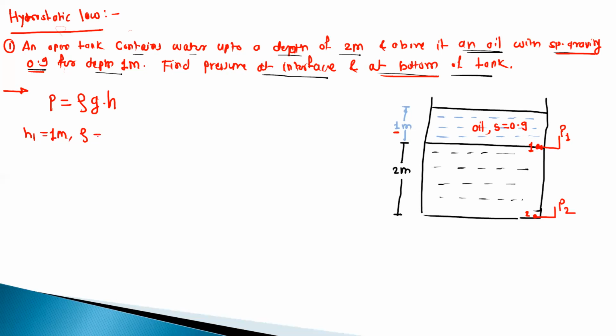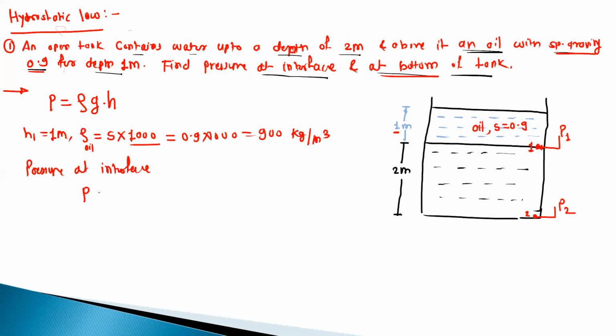So density is equal to specific gravity into 1000, which is the density of the water. Therefore this is equal to 0.9 into 1000. So this is the density of the oil, and this is equal to 900 kg per meter cube. And now we can find the pressure at the interface.